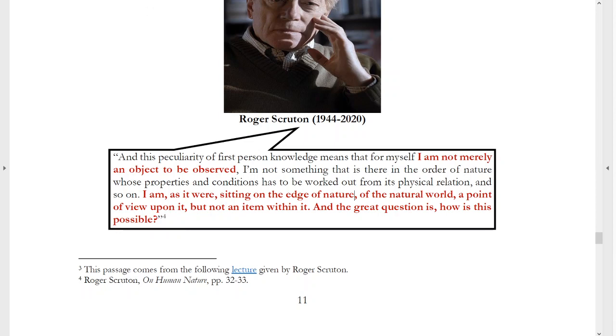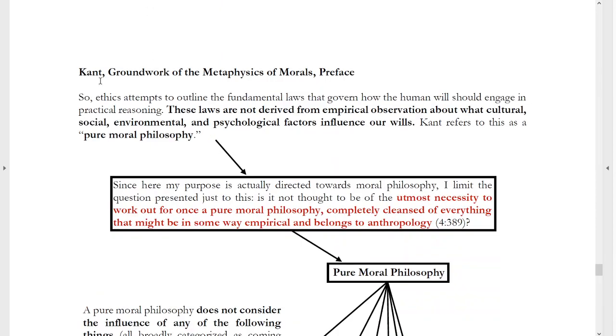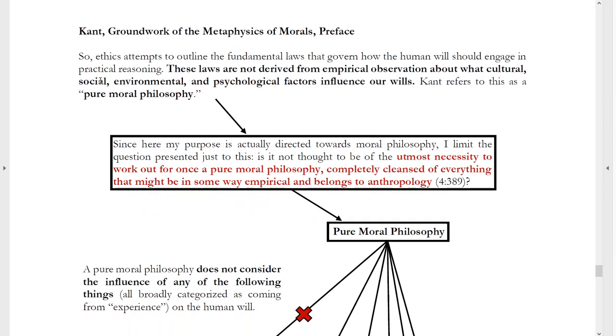Okay. Now, because this is the case, of course, our will is influenced by our environment, our psychology, our history, all that stuff. Kant doesn't deny that. But if we want to discover the laws of freedom, he says, if we want to discover moral laws, we can't just look at those sorts of considerations.